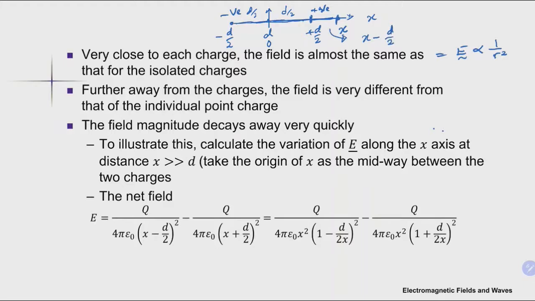This distance will be x plus d over 2. So one charge is at x minus d over 2, and one charge is at x plus d over 2.